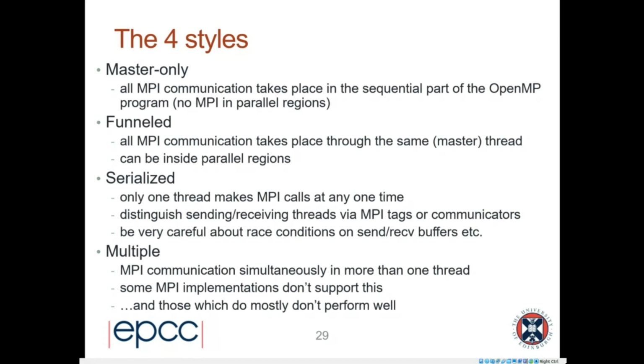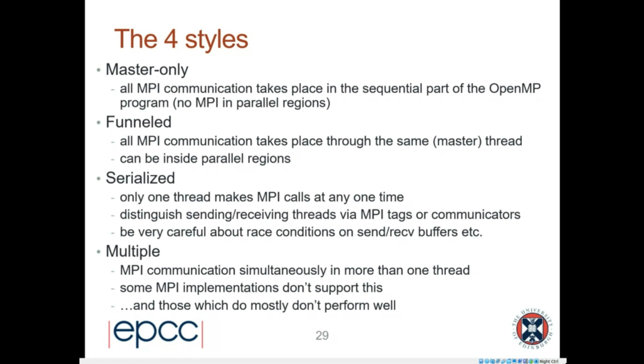MPI distinguishes messages via processes. It says, I want to send a message from rank 0 to rank 7. Here, you have multiple threads within the same process. All these threads have the same rank. So if you want rank 0 thread 3 to send a message to rank 7 thread 5, all MPI can do is send a message from rank 0 to rank 7.